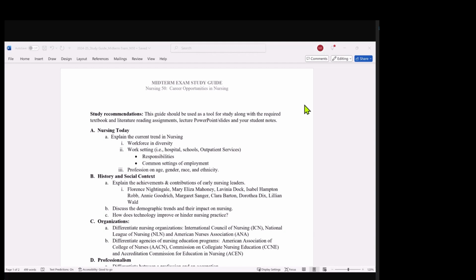Looking at the type of employment settings, which is the most common place to work when nurses graduate, or even now, what work setting is the most common area that nurses work in? Does anybody have a guess?